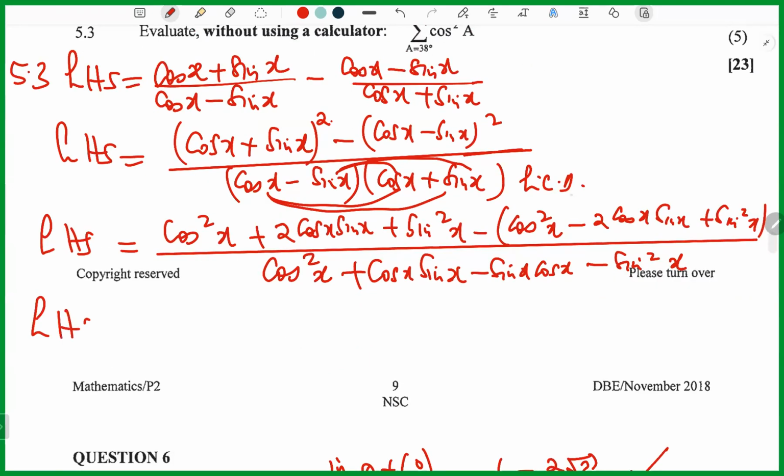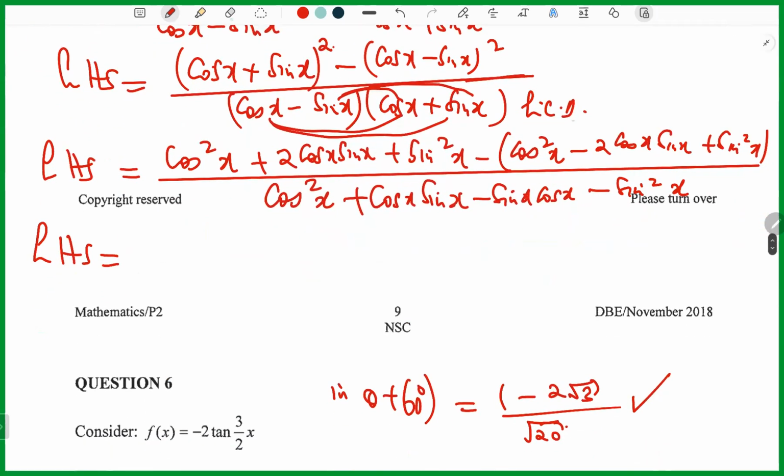So we have the left-hand side, which is the same as the following. We continue with the simplification and see what we get.